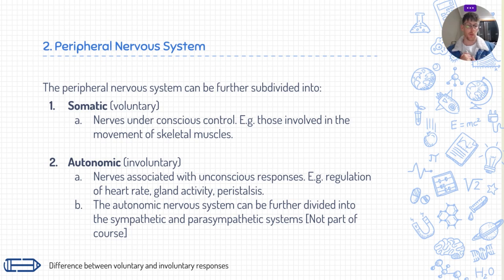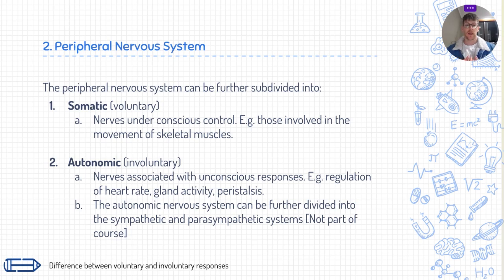So when we determine that we're going to move our mouth, for example, or move our hands or whatever it is, that comes under the somatic or voluntary peripheral nervous system, which is an instruction given from the central nervous system. There is our autonomic or involuntary system as well that exists within the peripheral, and that's responsible for helping to keep you alive. So that's involuntary things that you don't consciously think about.